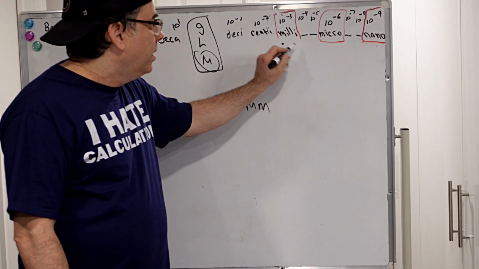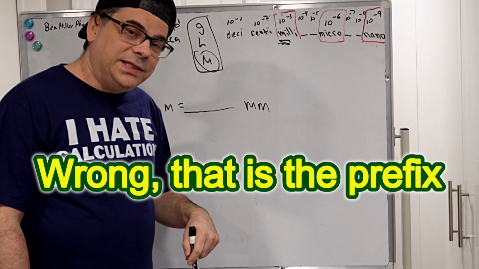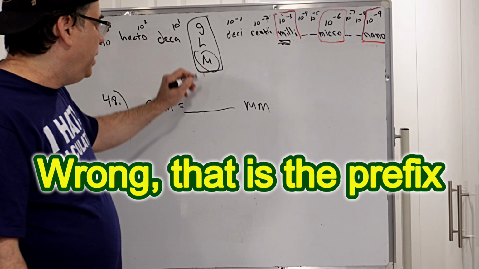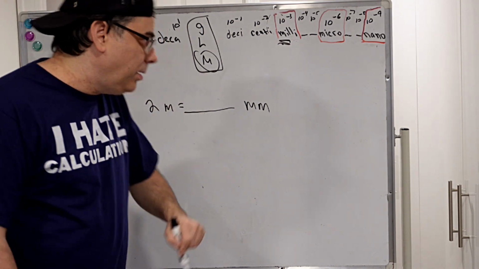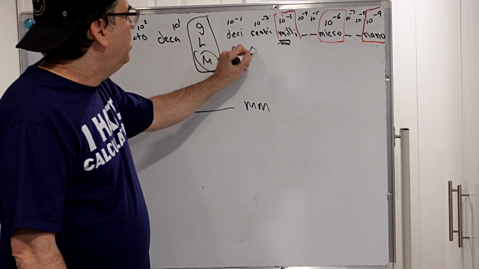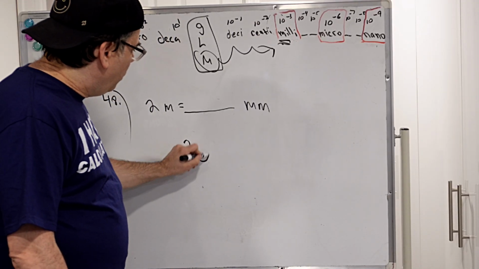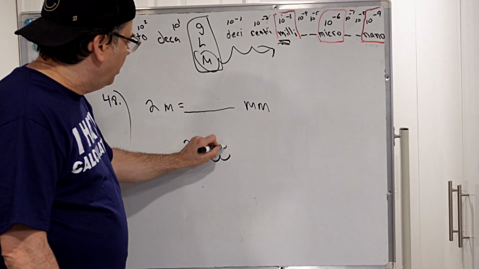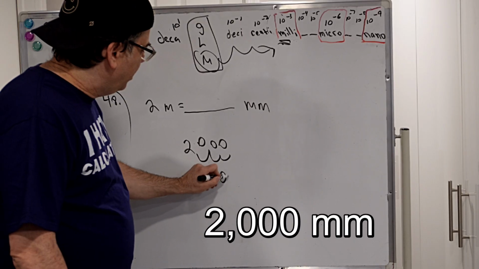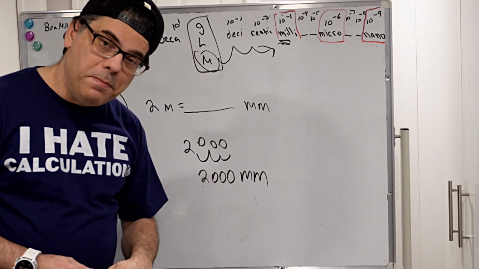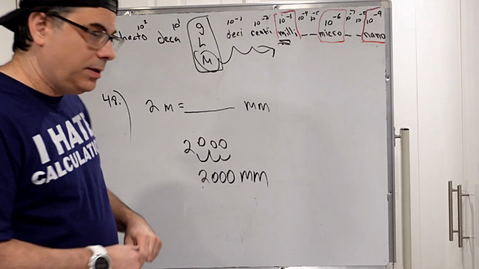And it doesn't matter which of these base units you use, that's a suffix. So we're at meter, and we want to go to millimeter. So we go 1, 2, 3. We move 3 to the right. So 2, 1, 2, 3. So that's 2,000 millimeters. 2,000 millimeters. That's 48.